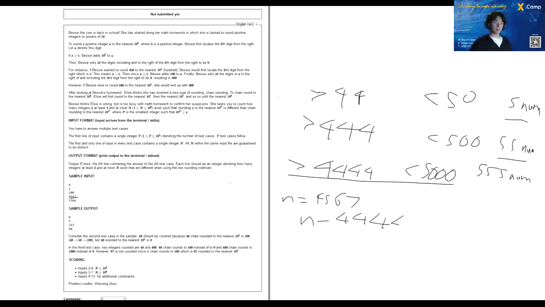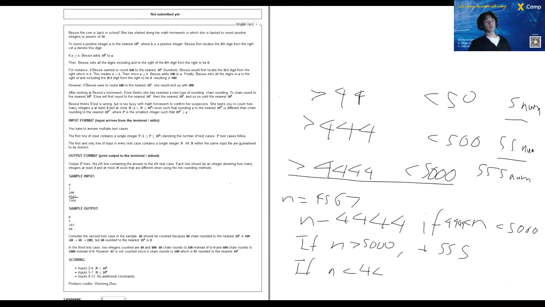If n is greater than 5,000, every single 4-digit number is included, so we just add 555, because that's all the numbers in between out of the 4-digit numbers. And if n is less than 4444, then we don't need to add anything at all, because it doesn't include any 4-digit number.